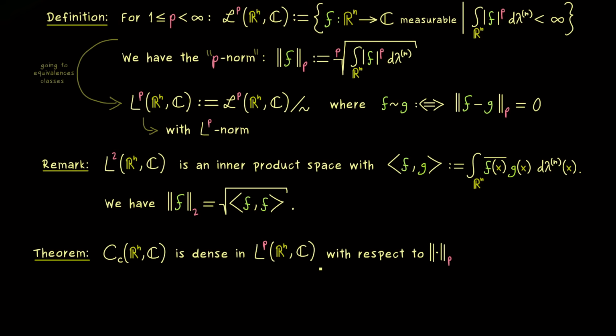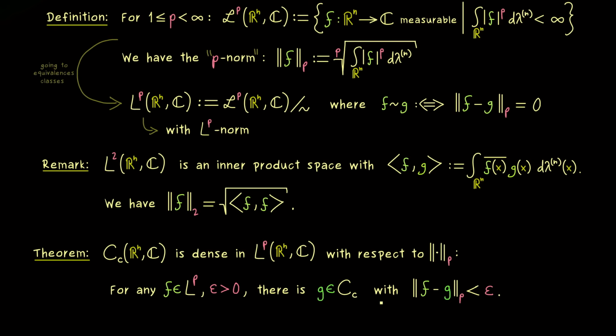So more concretely, if we measure distances of functions with the Lp norm, then this Cc space is dense in Lp. And as in the last video, we can make this statement really precise by choosing an epsilon. This means we can just take any small number epsilon greater than 0 and a p-integrable function f. And for these two ingredients, we can always find a continuous function g that is close to f.